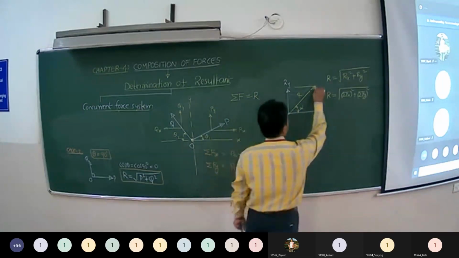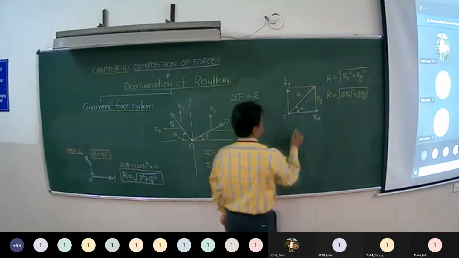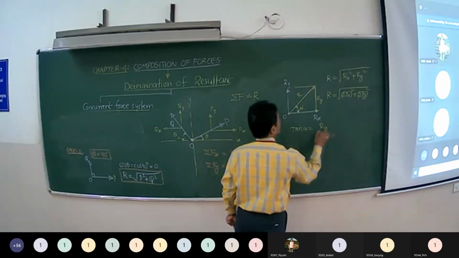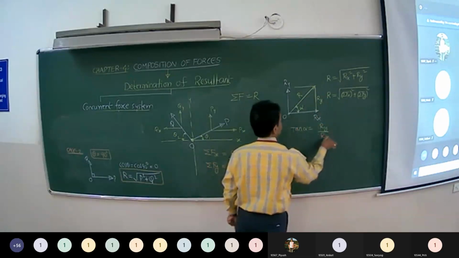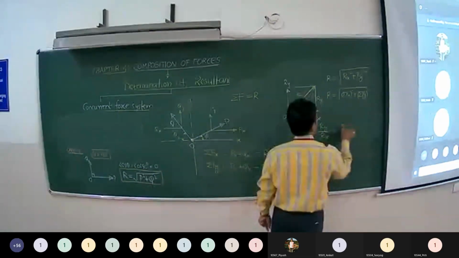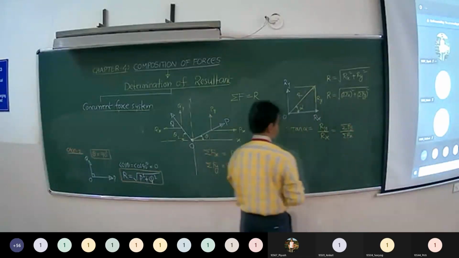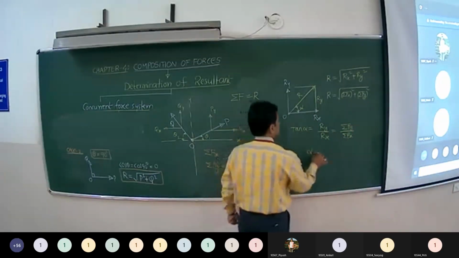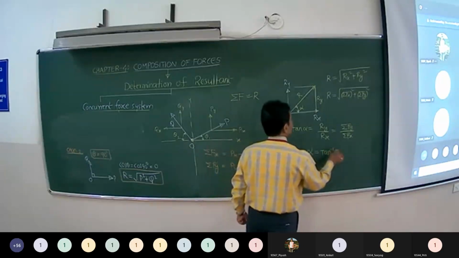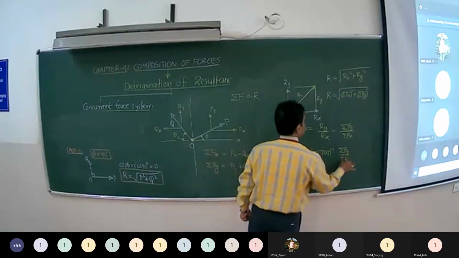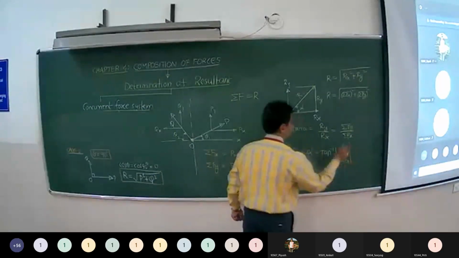Now to find out the direction of the resultant, say alpha with respect to the x-axis, with respect to Rx. Now we have this as Ry, this vertical side. Now tan alpha is equal to Ry upon Rx. That is summation Fy upon summation Fx. Therefore, alpha is equal to tan inverse of summation Fy upon summation Fx.